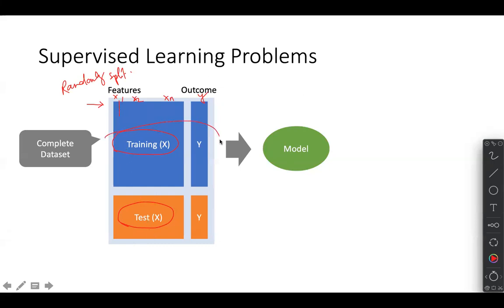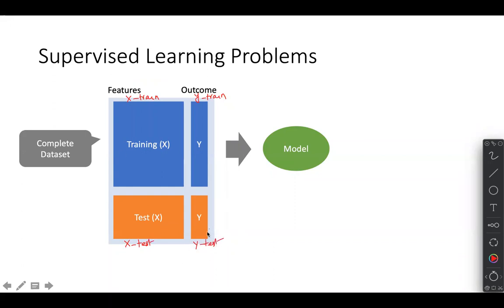And we will leverage the train set, which typically is a larger subset. The different split ratios are there, we'll come back to that again. We'll take the larger set and build the model. So now you can imagine this is your x train, the x values of the training data, the feature set, and this is your y train, the corresponding y value, the outcome of the training data, and this is your x test, and this is your y test.